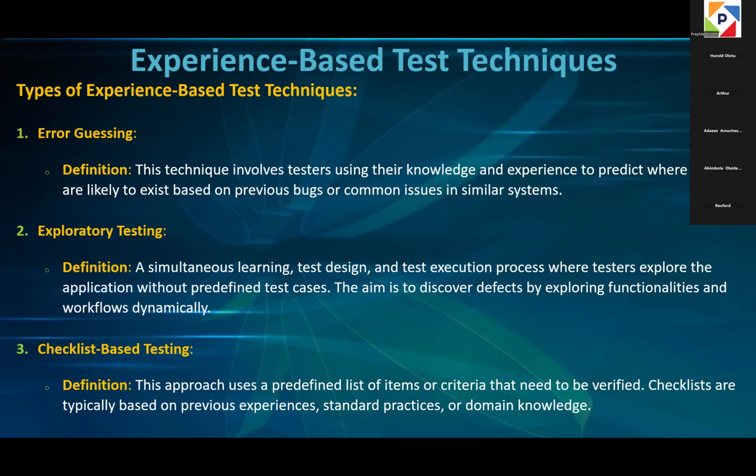What this means is that, for example, you want to test a banking application, right? And you want to test the login. Because you've tested that particular application previously, you've already created a checklist for yourself.